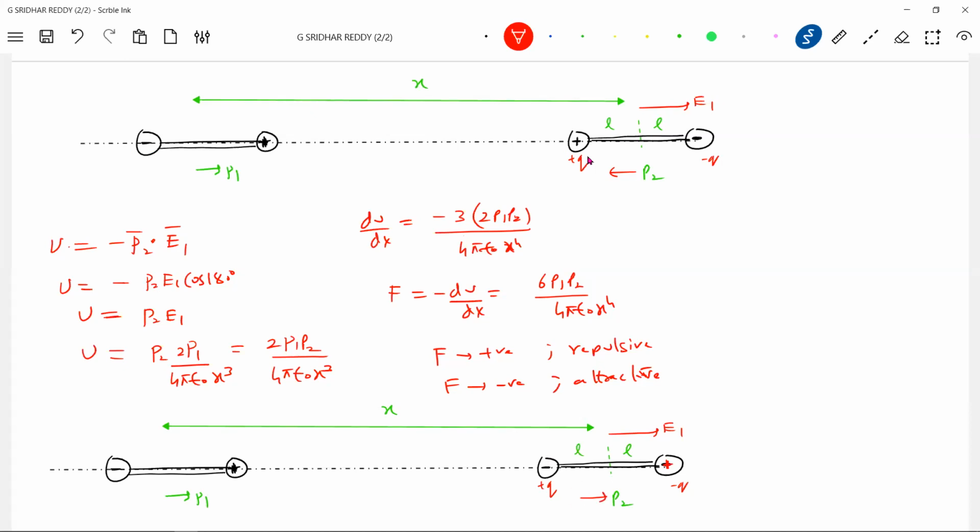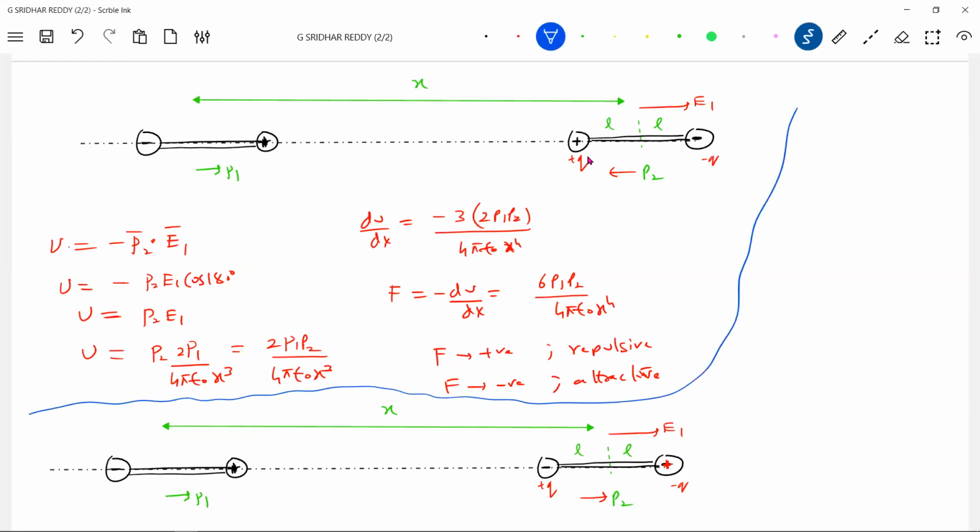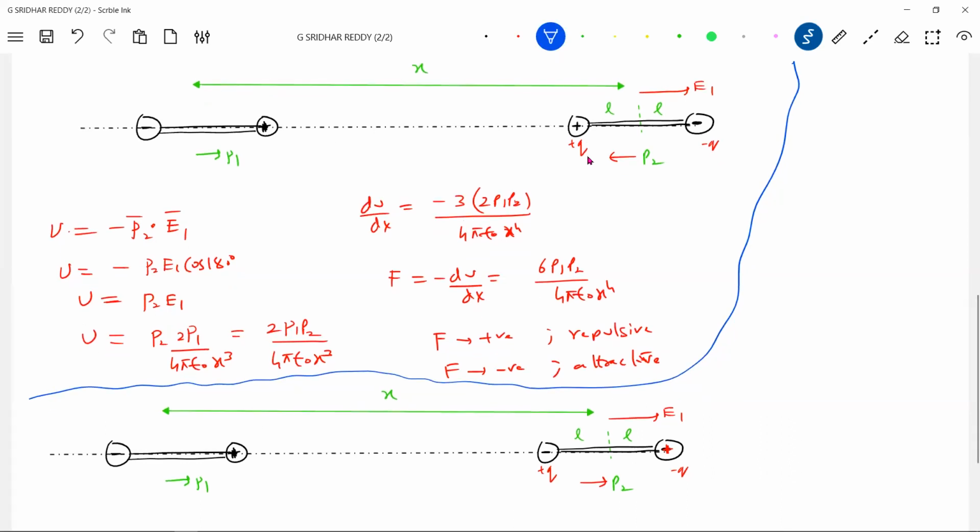What about the force of interaction in this case? It will be attractive, no? F will be negative. In fact, you calculate it, F will come out negative. So again the force of interaction will be F, and F is equal to 6 P1 P2 by 4 pi epsilon naught x to the power of 4.